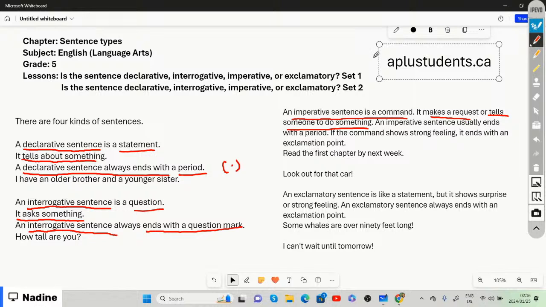And with an imperative sentence, right? The imperative sentence usually ends with a period. Or if the command shows strong feeling, right? And then it will end with an exclamation point.